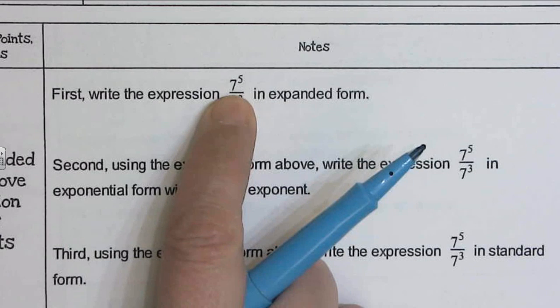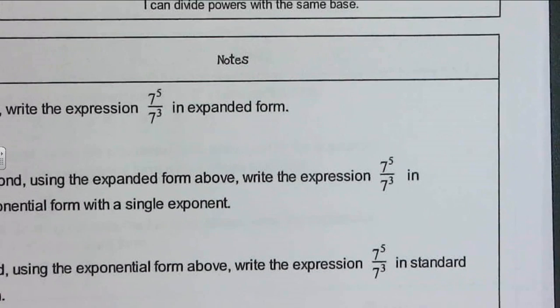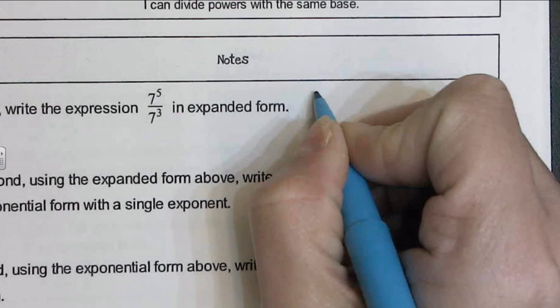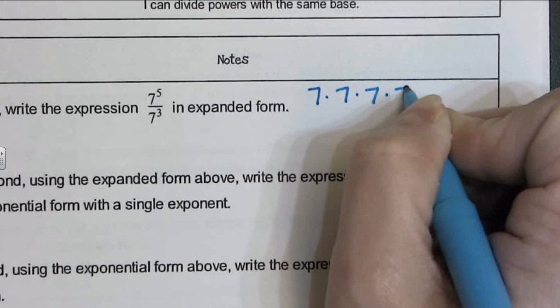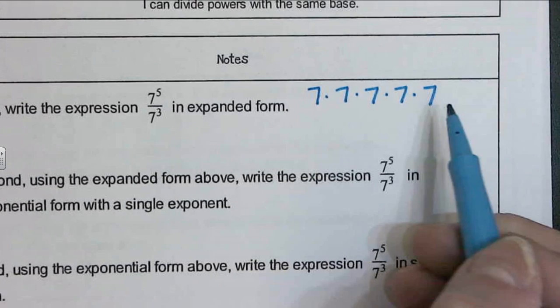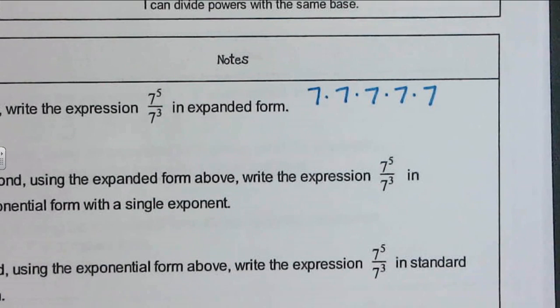I think I'm going to do it over here to the side so I have some more room. All right, so I have 7 times 7 times 7 times 7 times 7. So I've multiplied 7 by itself 5 times, which is what I needed to do for that numerator.